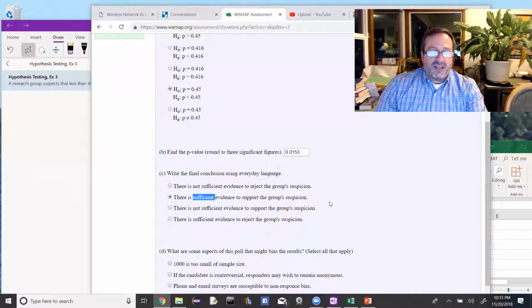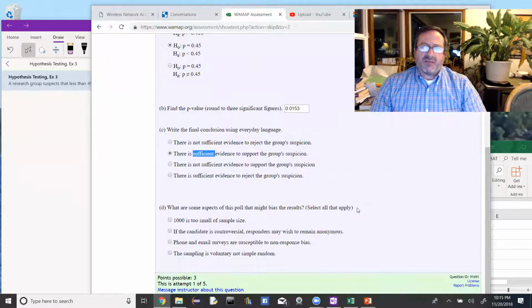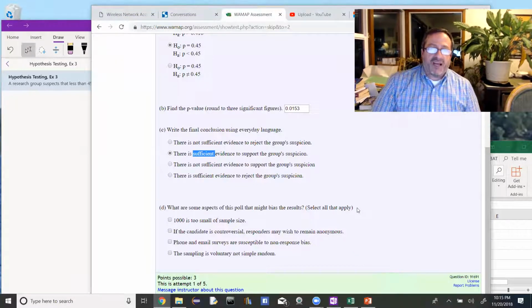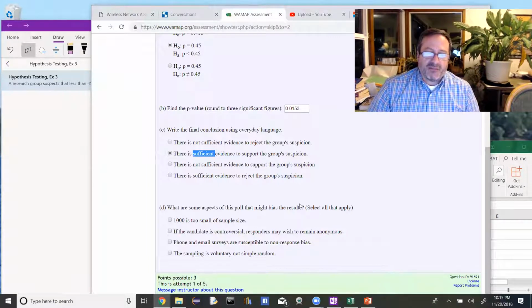And then we'll notice this last one, this is specific to this problem. It's talking about polling, and so this really is stuff back from chapter 2. It says, what are some of the aspects of this poll that might bias the results? Is 1,000 too small of a sample size? No, 1,000 is quite a large sample size, so that's not a problem. If the candidate is controversial, responders may wish to remain anonymous.